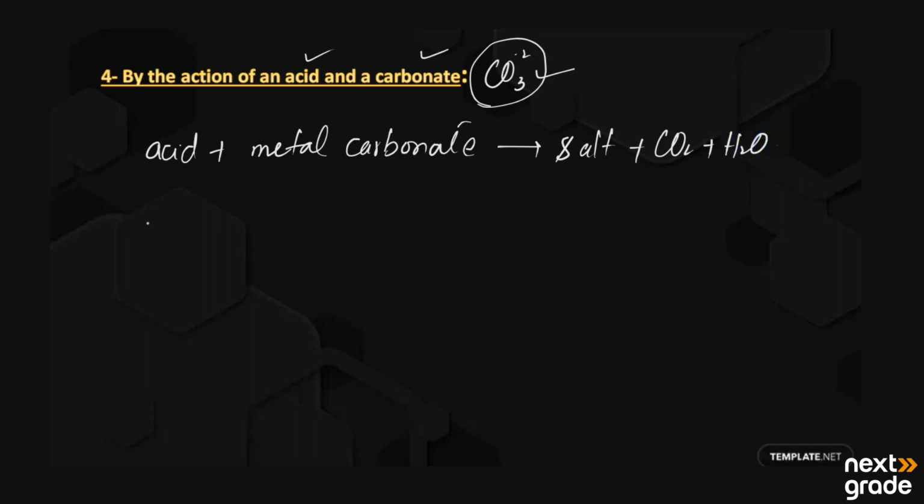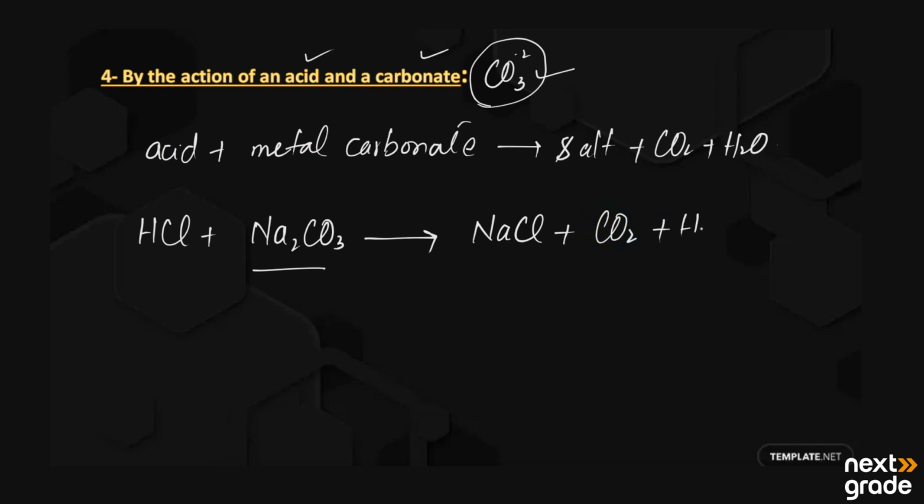So acid we have HCl, metal carbonate, any metal, for example sodium, and we have sodium carbonate, and it is going to react with the acid. The resulting product we just gain is sodium chloride along with carbon dioxide and along with the water.